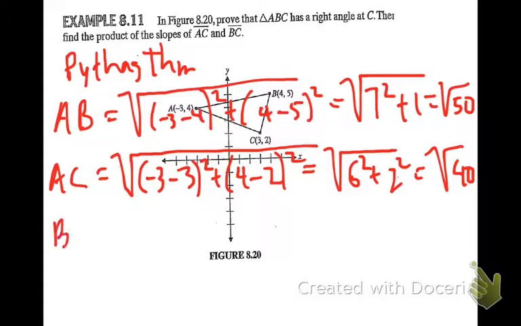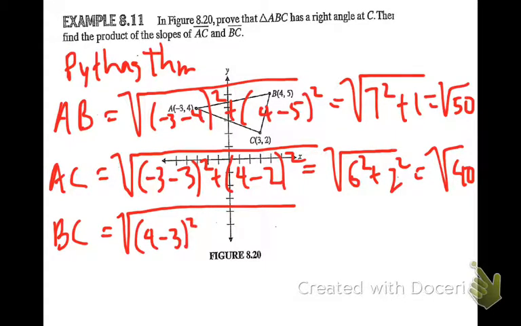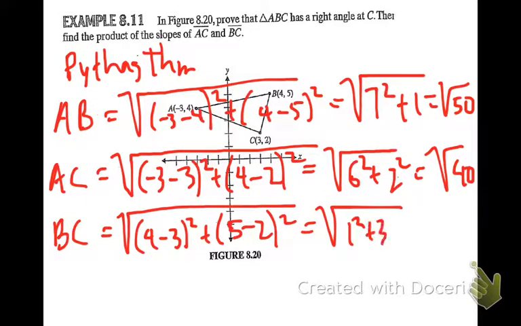Then BC. BC is equal to the square root of 4 minus 3 squared plus 5 minus 2 squared, which is equal to the square root of 1 squared plus 3 squared, which is equal to square root of 10.